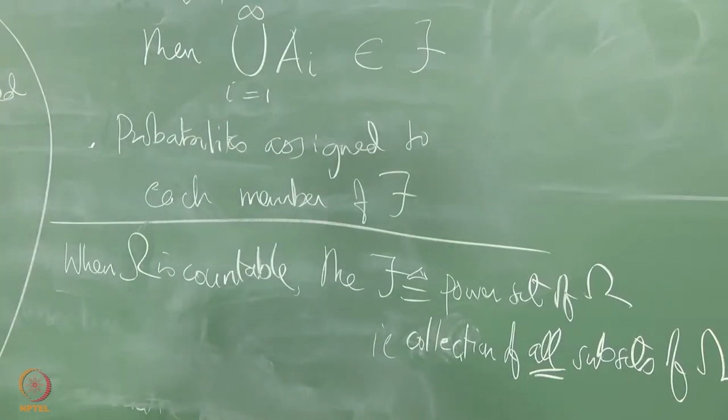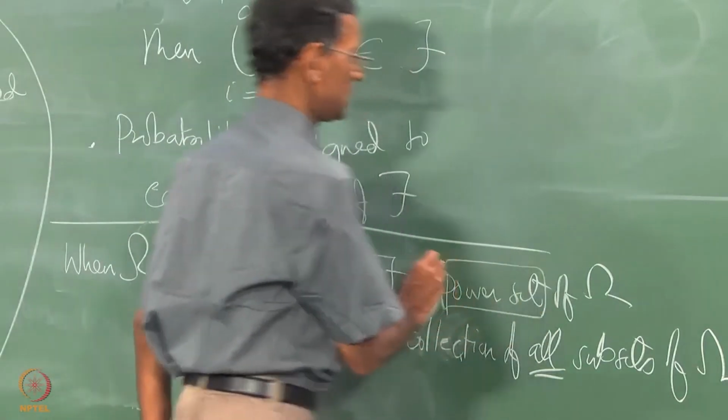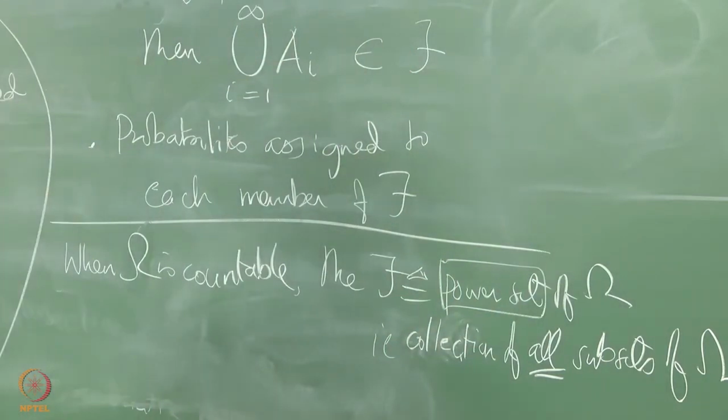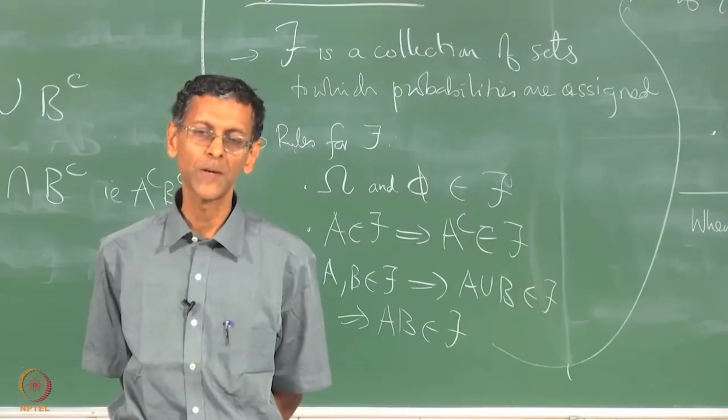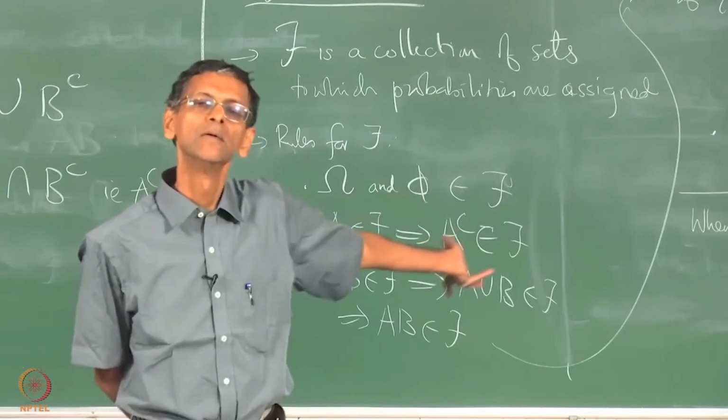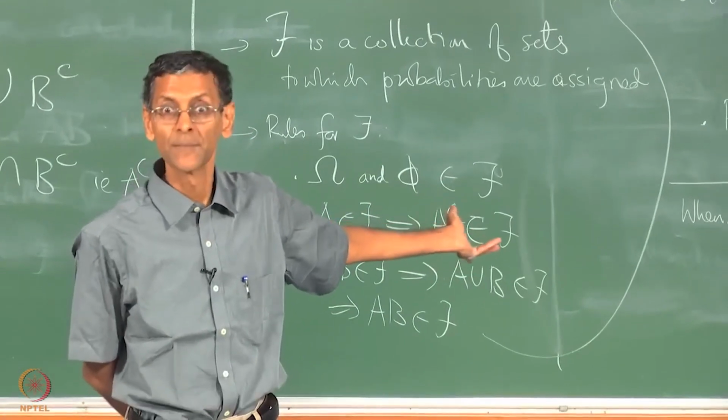This terminology power set is very important and occurs quite often. So yesterday we said if capital omega has n elements, then it has 2 power n subsets, and those will form the power set.